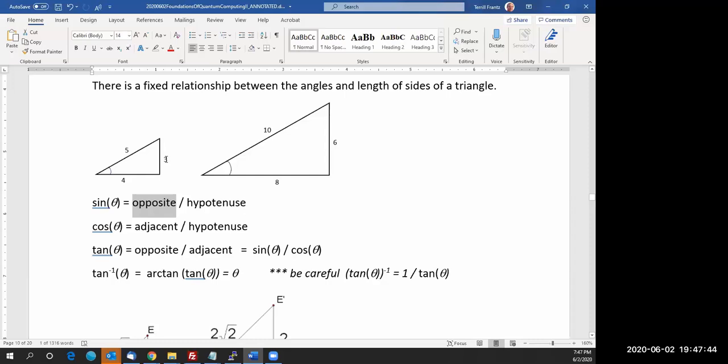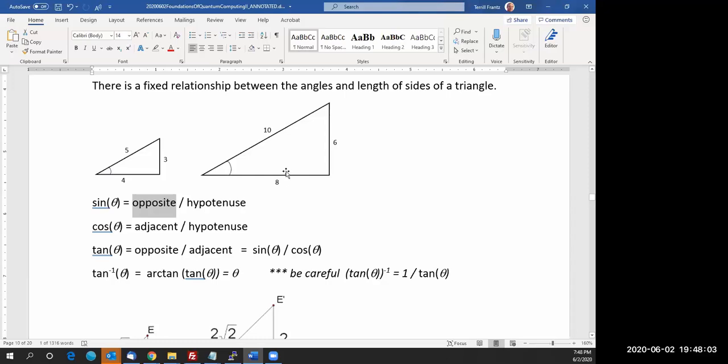So here, if I say this angle is x, the sine of x is the opposite, 3, divided by 5. So the sine of x is 3 divided by 5, which is 0.6.